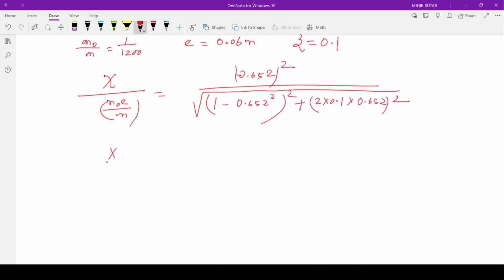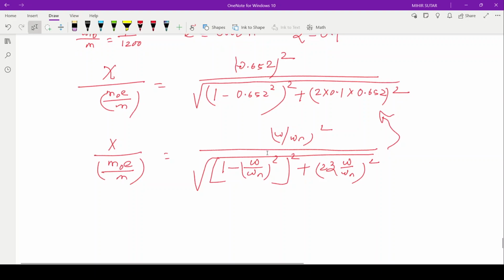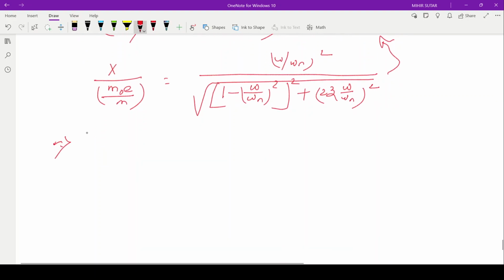Okay, because it was x by m0 e by m is equal to omega by omega n square divided by square root of 1 minus omega by omega n square whole square plus 2 zeta omega by omega n square. Okay, from this we obtained, so if you solve this, you will get x is 0.036 mm.